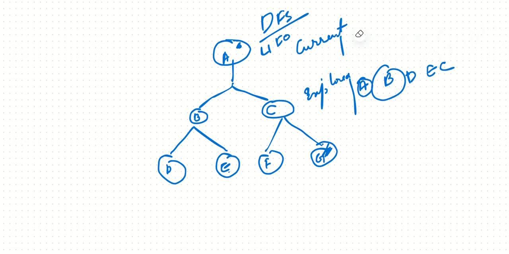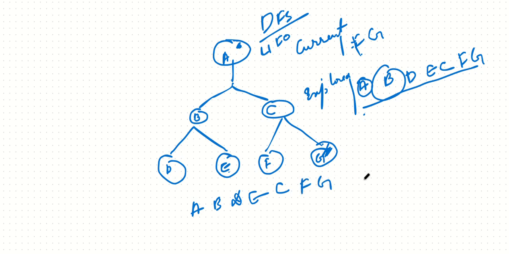After C, it is F and G, so we check F and then G. This is how the pattern moves: first from A to B, then D and E, then again it goes to C, and then F and G. So the pattern is A, B, D, E, then C, F, G. Now we'll be doing the code for this.